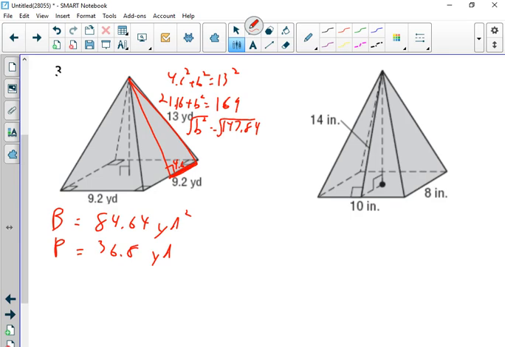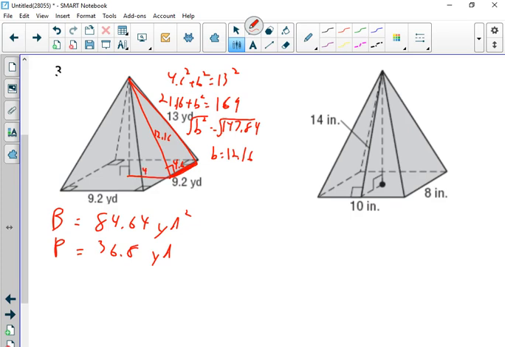Now we're going to find b, the square root of 147.84, which is 12.16. 12.16 is our slant height. Now we're going to use that number to find our real height.